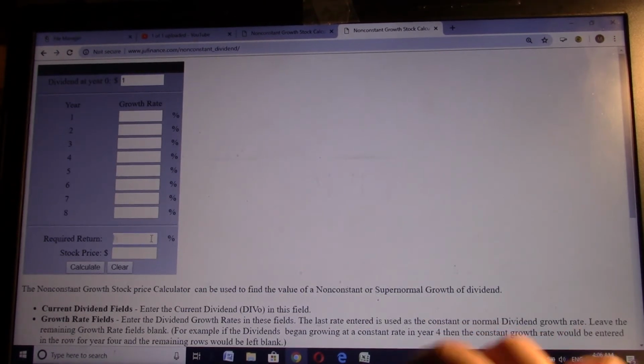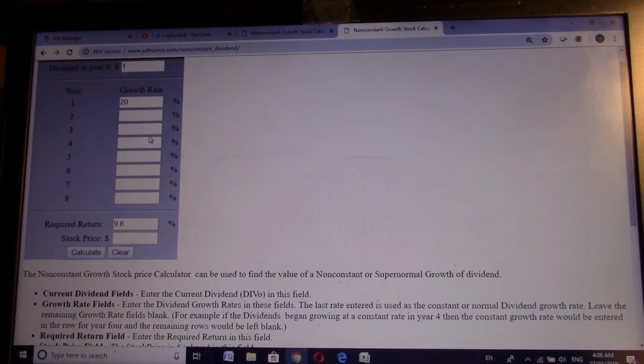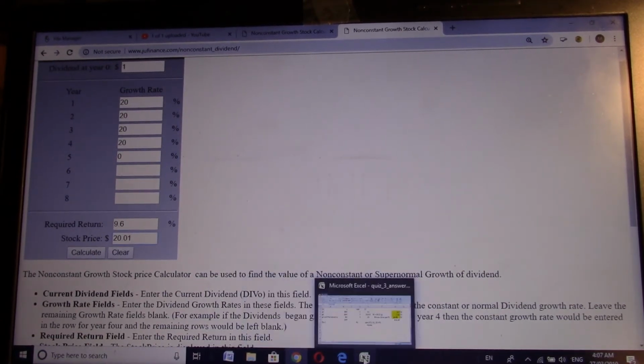Return is 9.6. Growth rate is 20% for 4 years. And after that, it should be 0%. And it should be $21.01 based on the calculator.